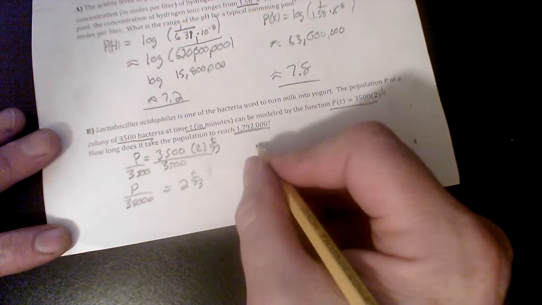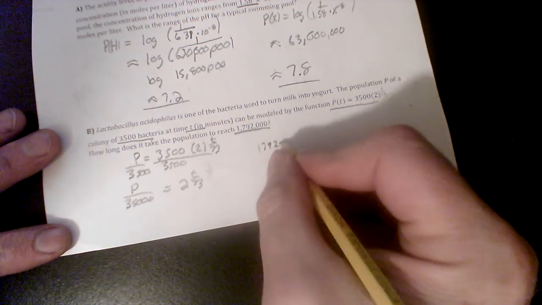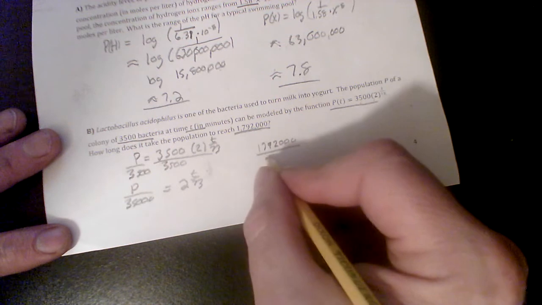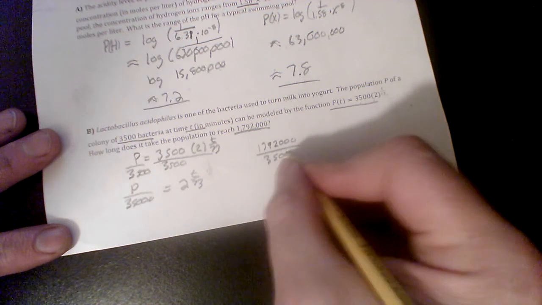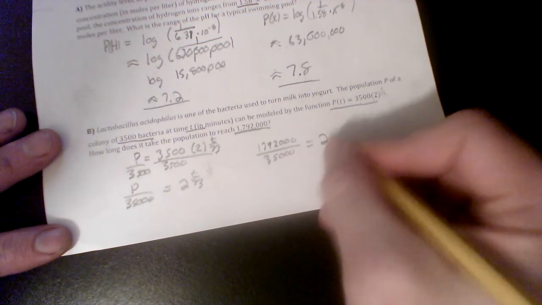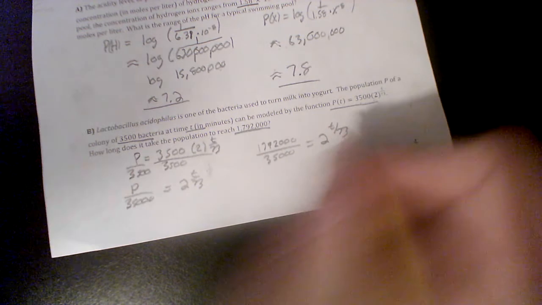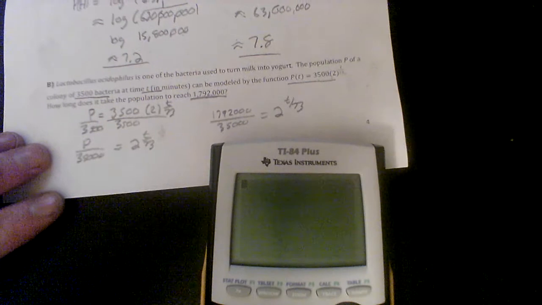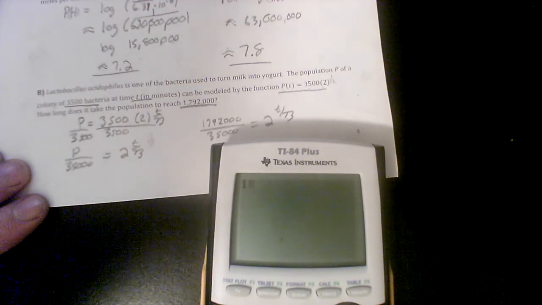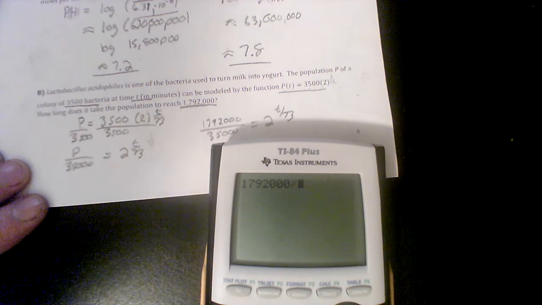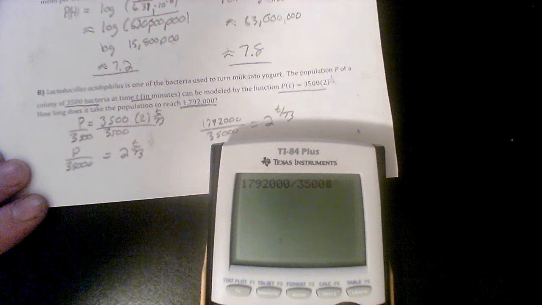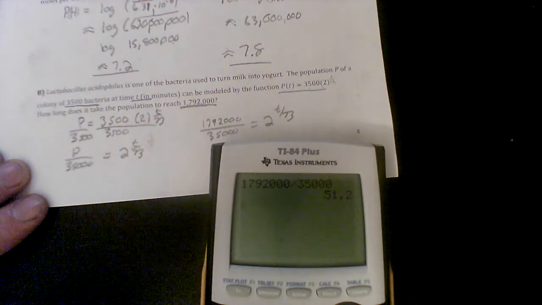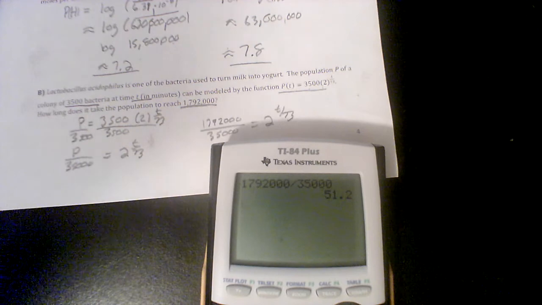So 1,792,000 divided by 35,000 equals 2 to the T over 73. Here we go. And let's see if it's right. So we got 1,792,000 divided by 35,000. Looks like I get about 51.2.